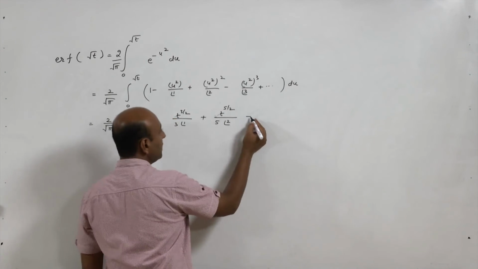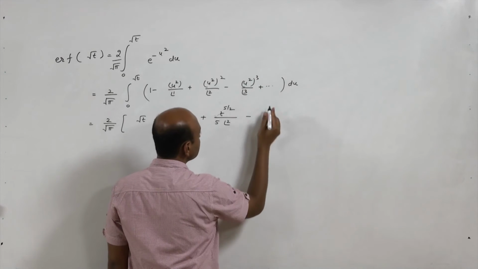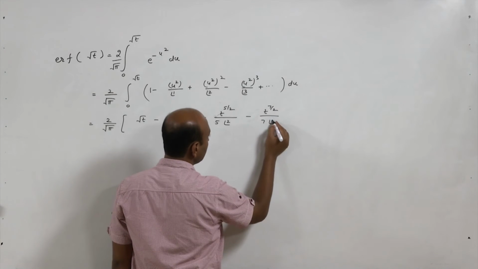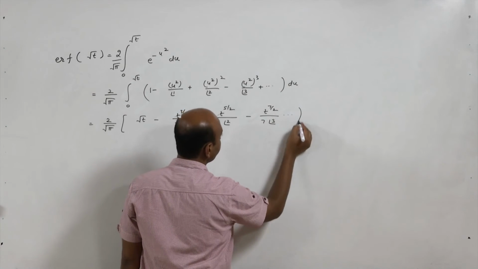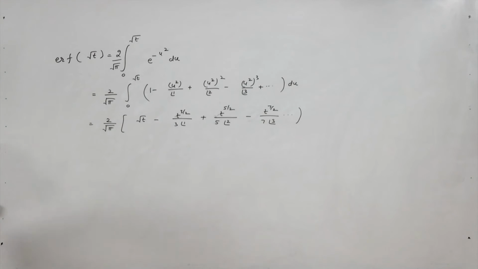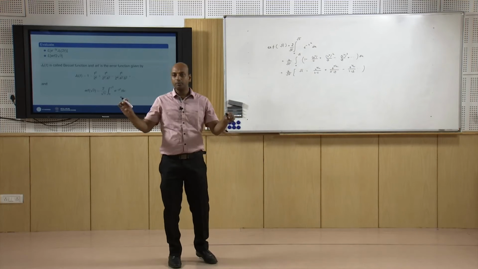Similarly, here it will be u to the power 6, that is t to the power 7 by 2 upon 7 factorial 3, and so on. So, this will be the expression of the error function in series form.